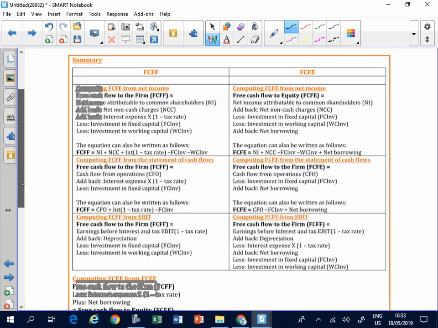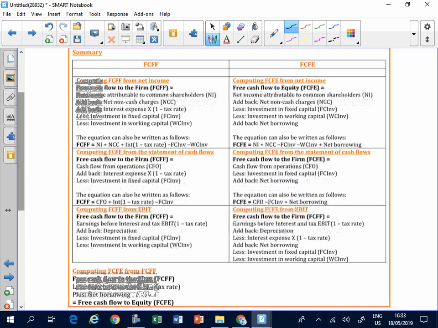Okay, and here it comes from the way that you compute it. So free cash flow to the firm: net income, add back non-cash charges, that's your depreciation, your profit or loss from whatever, amortization, etc. You add back your interest expense times 1 minus your tax rate. That is extremely important, that's the tax shield essentially.